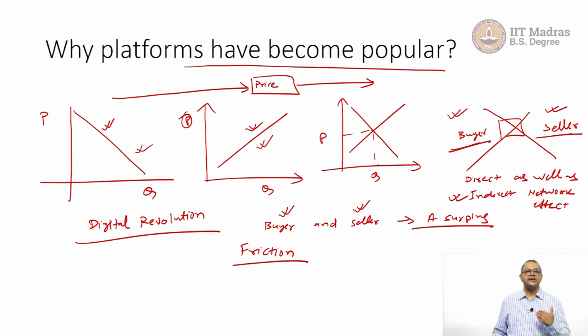The intermediary is there to make a profit. The intermediary wants something in return. So if the gain from the transaction is very, very low, the gain to the platform is going to be very, very low. So the idea is that you need to have a large friction that a platform must be solving. Then only it's going to be beneficial for the platform. So one requirement is large friction.